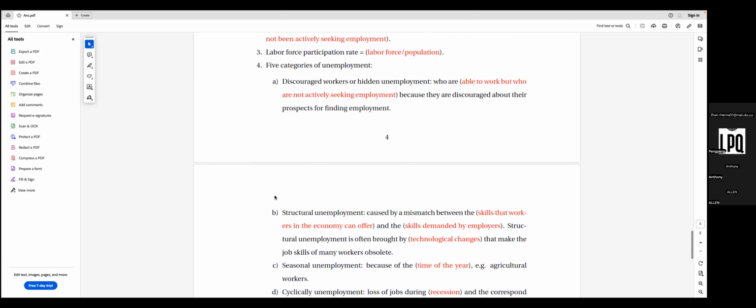The first one is called discouraged workers. This is the first type of unemployment.